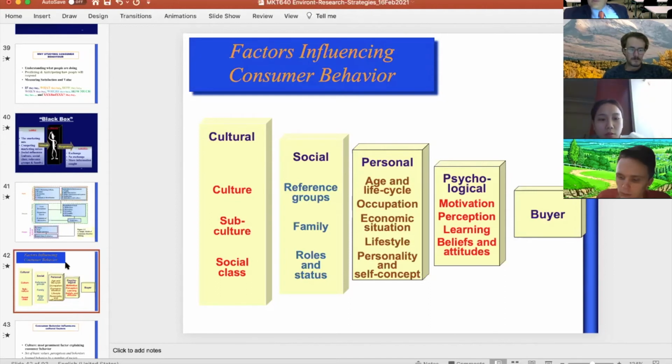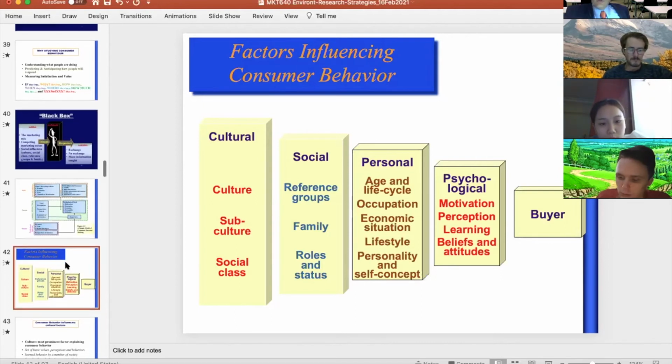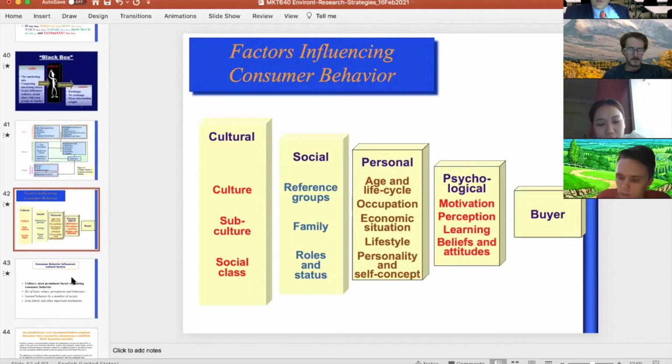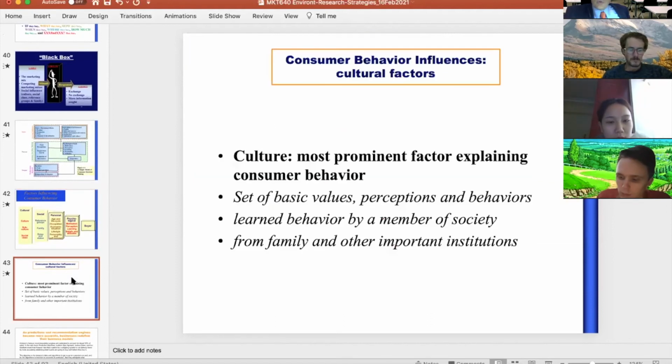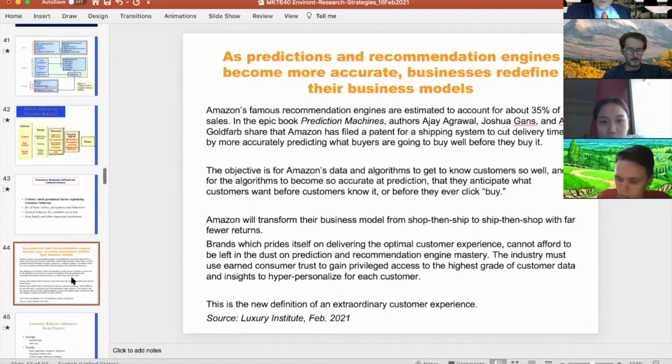You are a replication of your parents and you can't help it. Your parents have a strong impact, and your culture through your parents has a huge impact. So culture is the most prominent because it's the values, the beliefs, what's expected, the norms. We are all programmed, we are all wired to do certain things in certain situations.